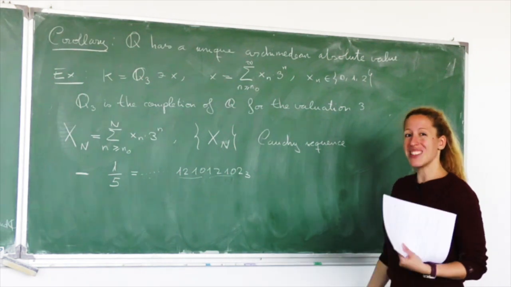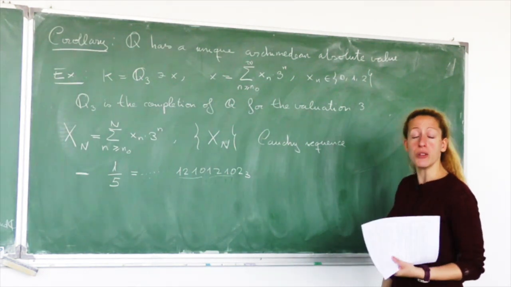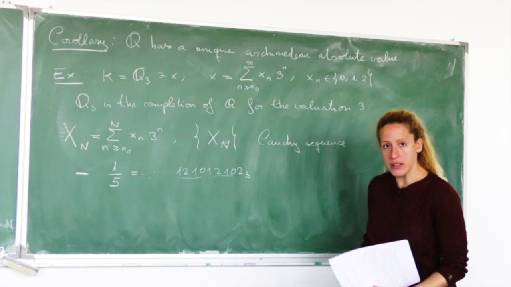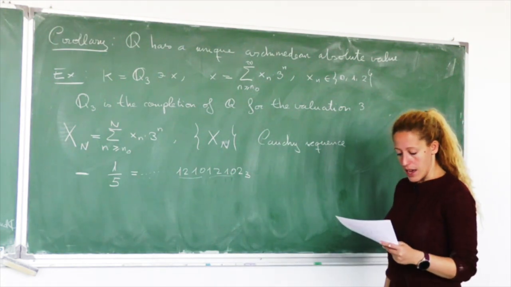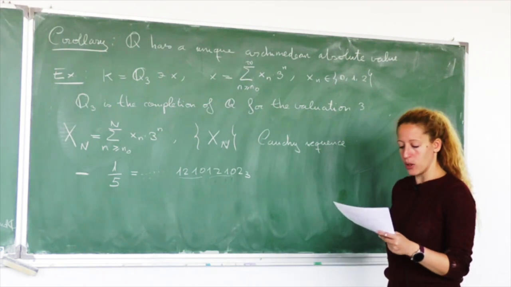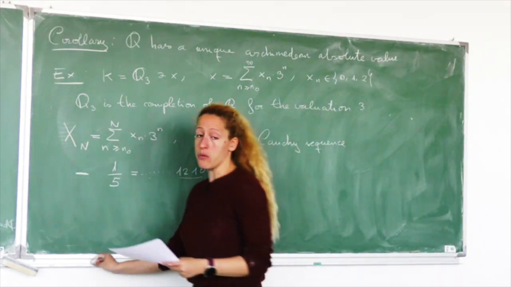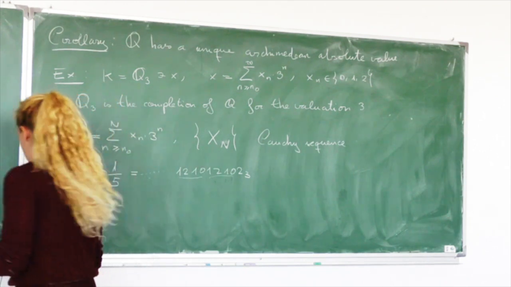But what happens in general when we have a number field? Can we also characterize all the possibilities for the absolute values? Actually we can, and I'm going to give the following proposition that describes those valuations.